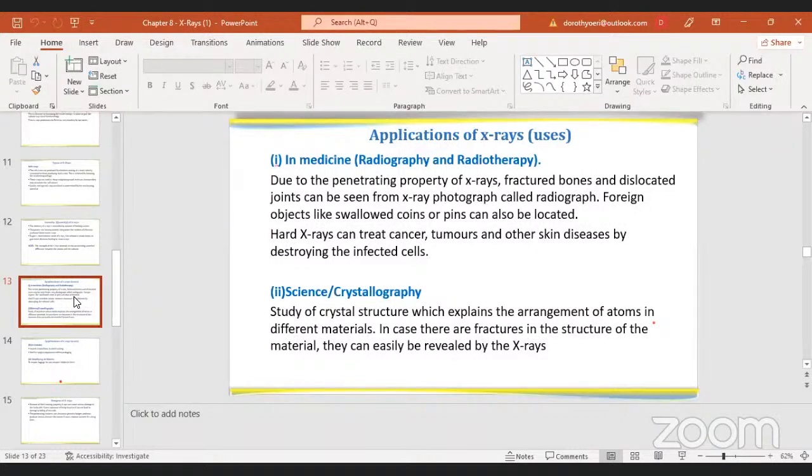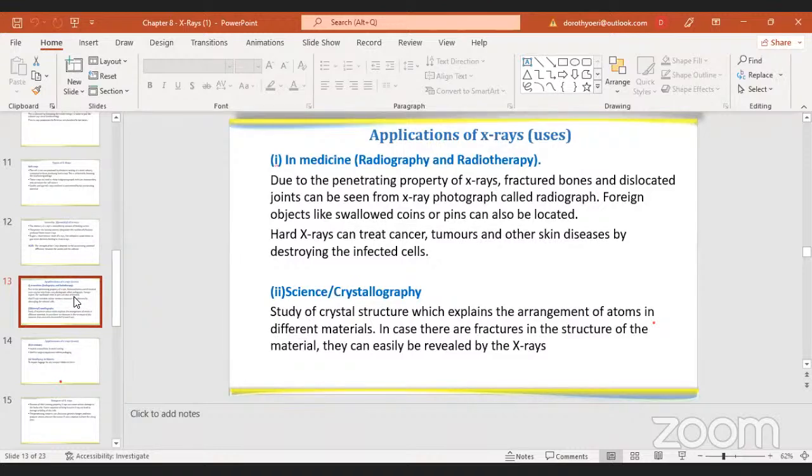If you happen to swallow foreign objects, like children playing, X-rays can show them. Hard X-rays can be used to treat cancer, cancerous tumors. In science, in the study of crystal structures, which we refer to as crystallography, X-rays are used to explain the arrangement of atoms in different materials.